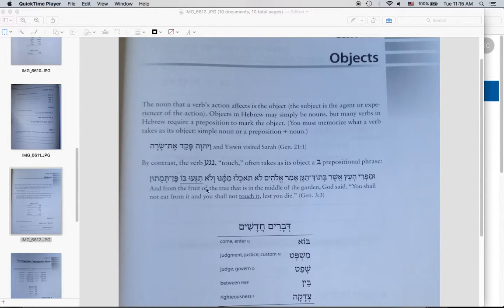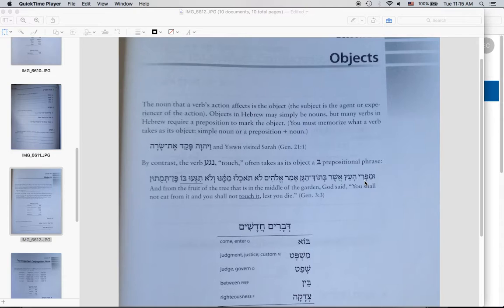This is a rather long example, but it comes from Genesis 3, a familiar story that we've already started to translate in our readings. Umip peri ha'etz asher batok hagan Amar Elohim lo tochlu mimenu velo tig'u bo pen tamutun. So let's translate.